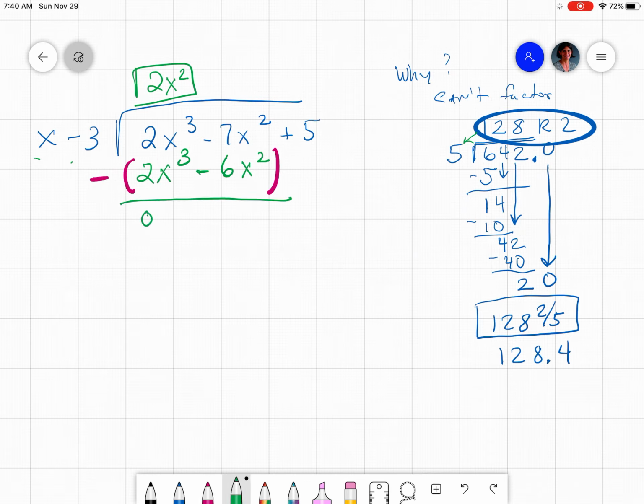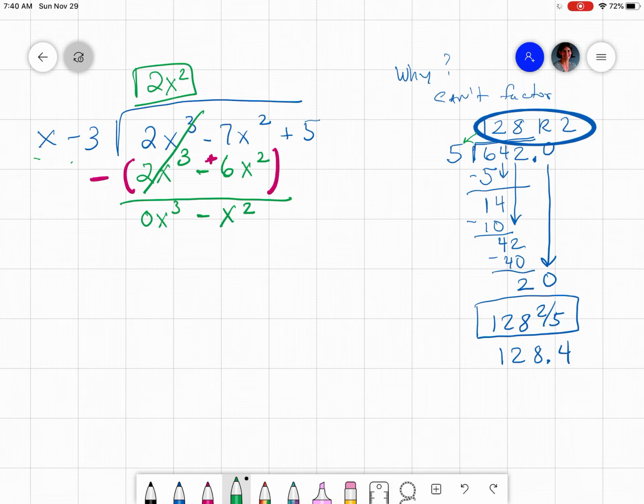So when I subtract, this becomes 0x cubed, and most of the time you won't see that written. They'll just put a dash through it. And then here I have a negative times a negative, so I remind myself this is going to be positive. So now I have a negative 7x squared and a positive 6x, so this is going to become minus x squared.